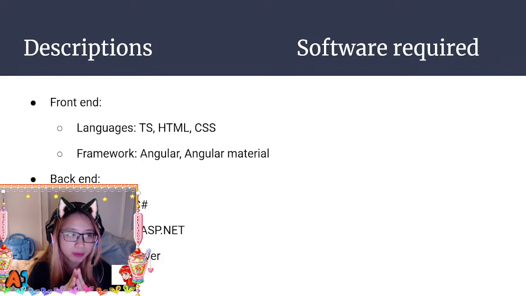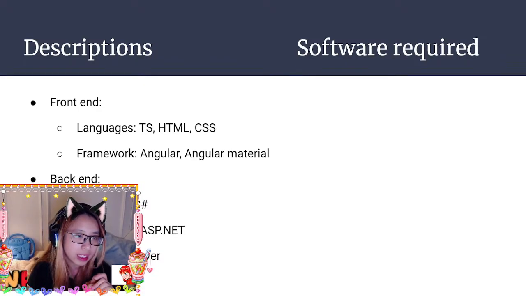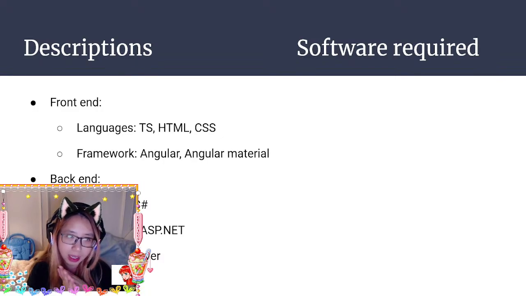Front end, for the UI, the user interface, what people would see and how it looks. The languages I would use are TypeScript or JavaScript, HTML, and CSS. And then the framework would be Angular and Angular Material.